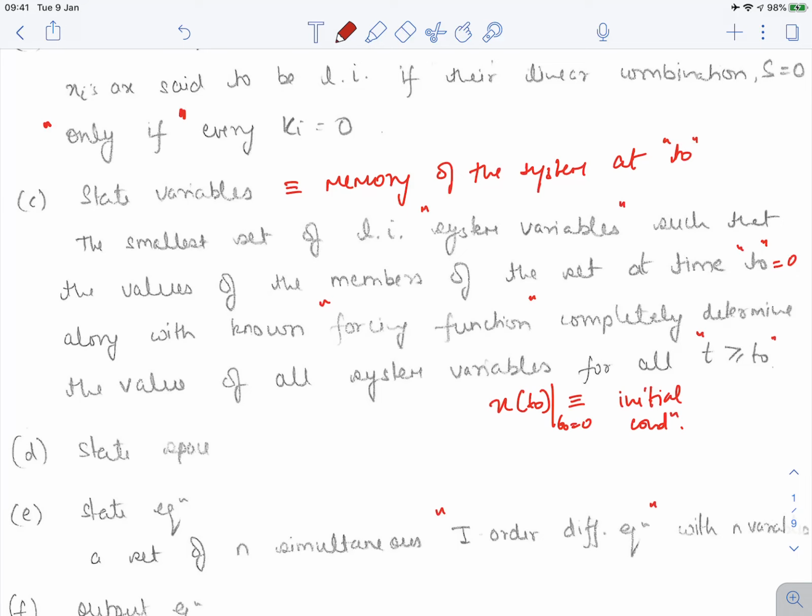And while doing the Laplace analysis, we had seen how important the role of the initial conditions is. We saw how we differentiate between 0 minus, 0 plus, and continuity and discontinuity.